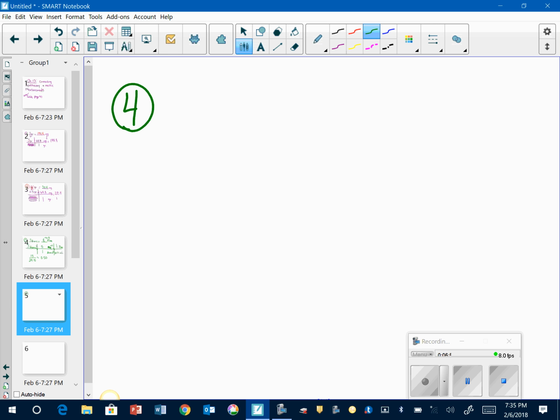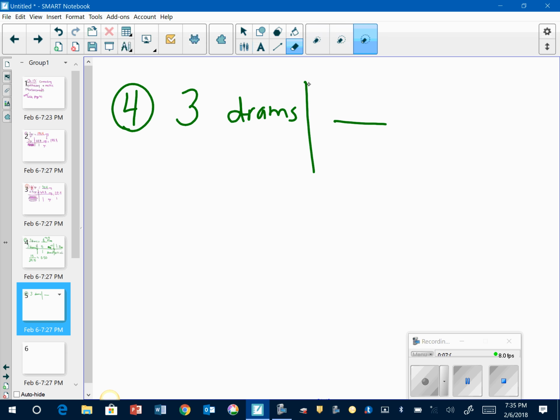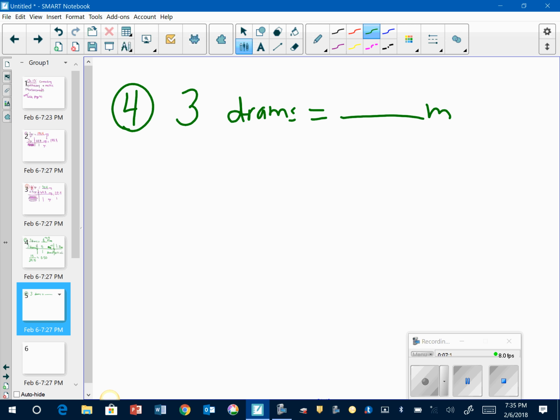Okay, number 4, this time you want to do 3 drams is equal to what in milliliters. Just bring down your cross, or once you get used to it, you could just start going like this. To me, it's easier. You don't have to rewrite everything.